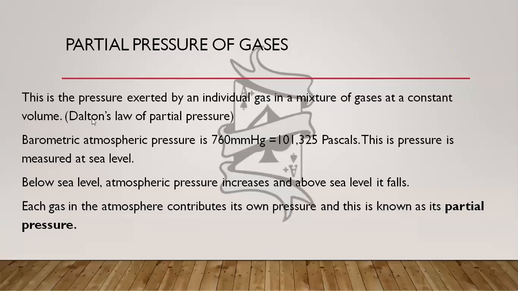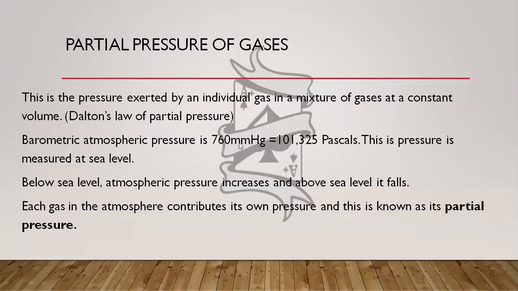So barometric atmospheric pressure, you have to know this value, 760 millimeters of mercury, and you can recall the equivalent in pascals. Most of the time, they really just round this value to 101,000 in most literature and textbooks.